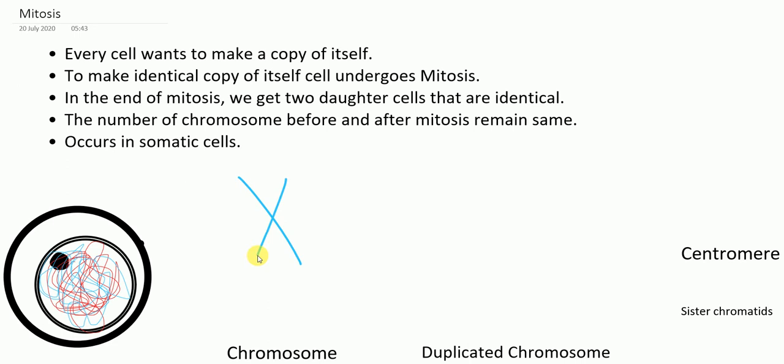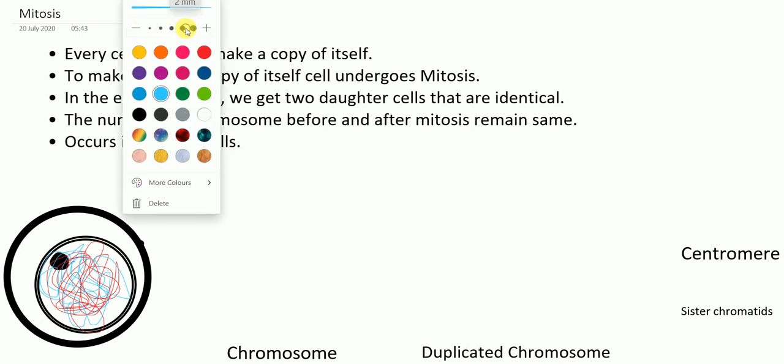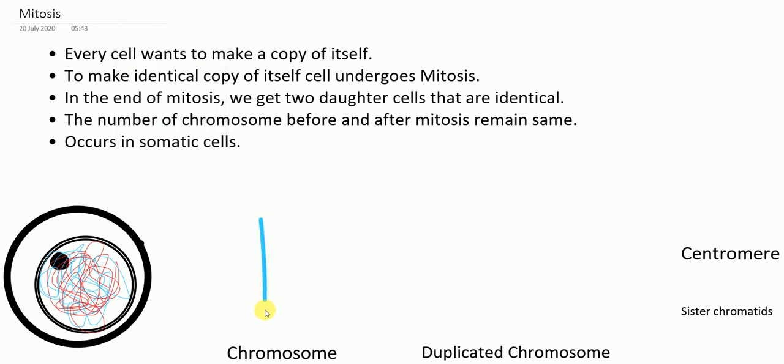Even though this is a chromosome, it's a duplicated chromosome. Let me explain. If someone asks you to draw a chromosome, you're supposed to draw this, and let me draw the centromere for you. So this is a chromosome.